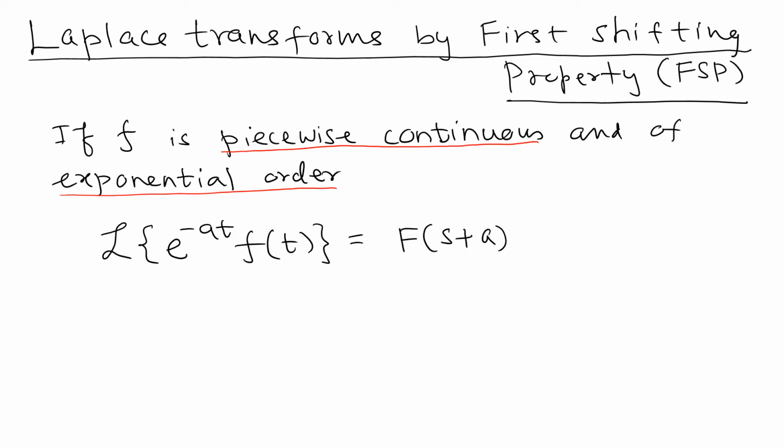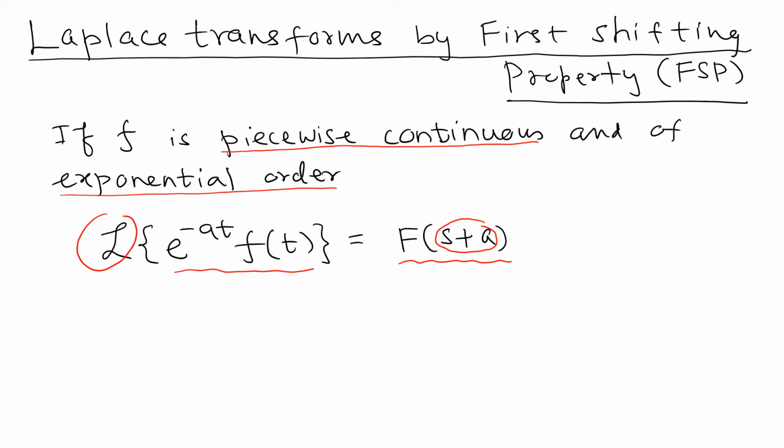The result says that when you have the product e to the minus at along with f(t), and you want to find the Laplace transform of that, you find the Laplace transform of the original function, which we normally call F(s), and then shift s by a. So we just add an a to it.